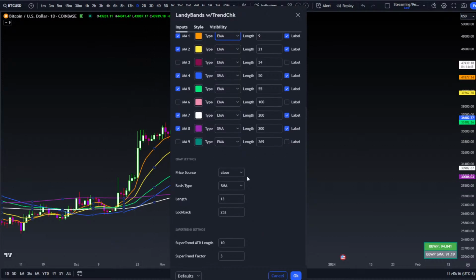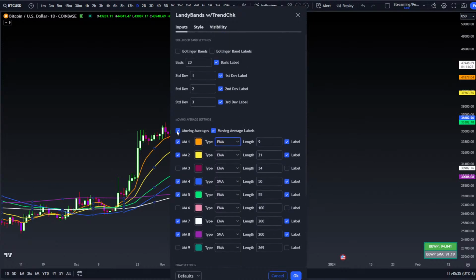And then another thing here, you did note that I showed you the BBWP, which is a volatility metric or a volatility oscillator that Caretaker created. He also allowed me to use a portion of his source code to include the BBWP here.